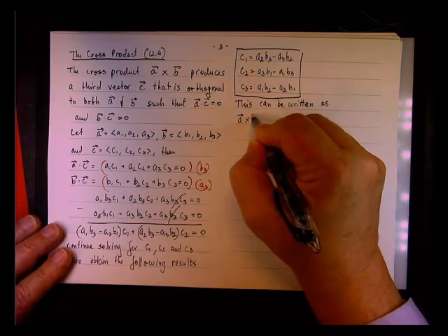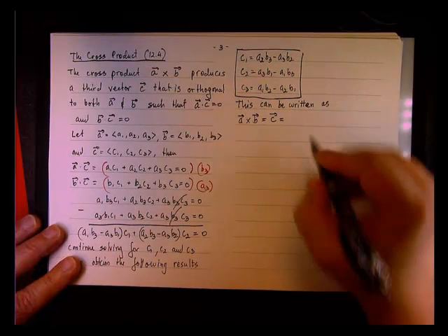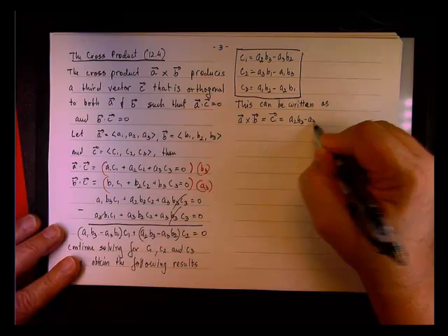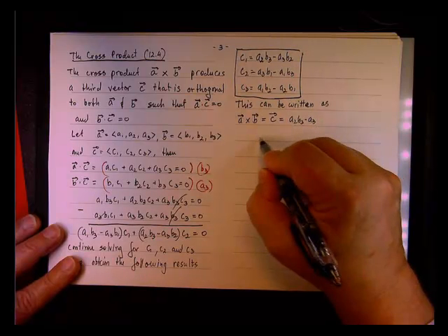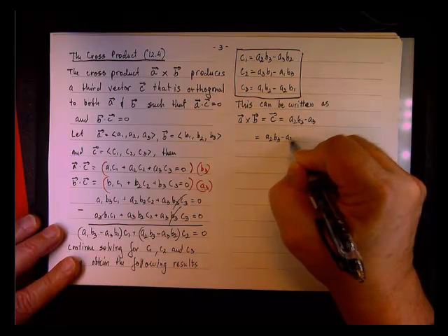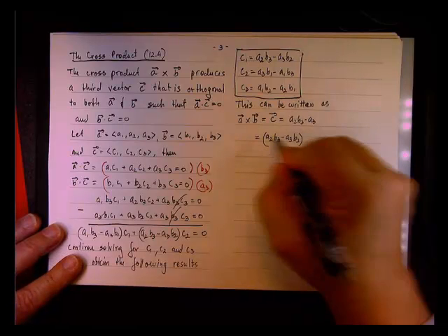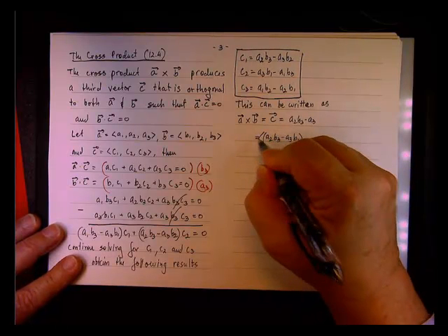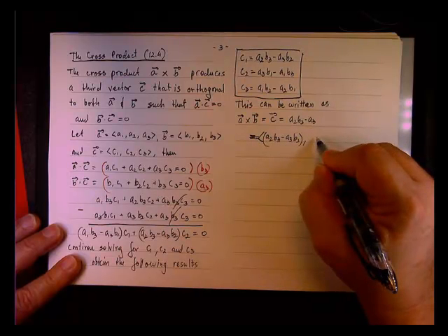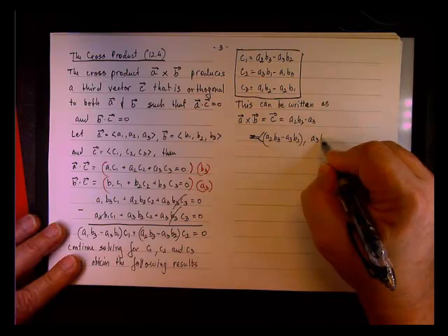A cross B equals the vector C, which ends up equal to A2 B3 minus A3 B2 as a vector, and then A3 B1.